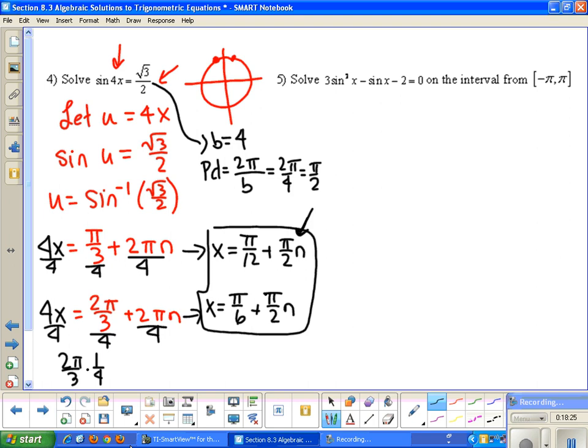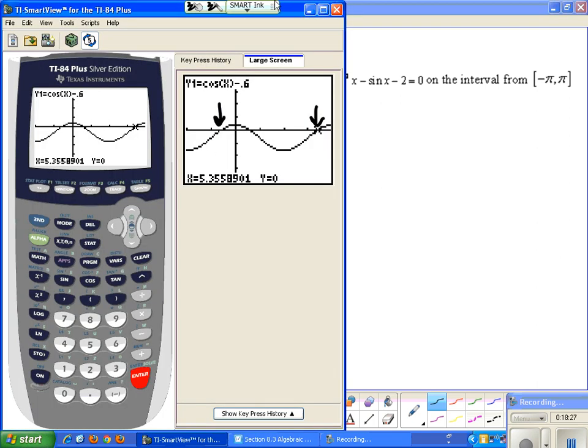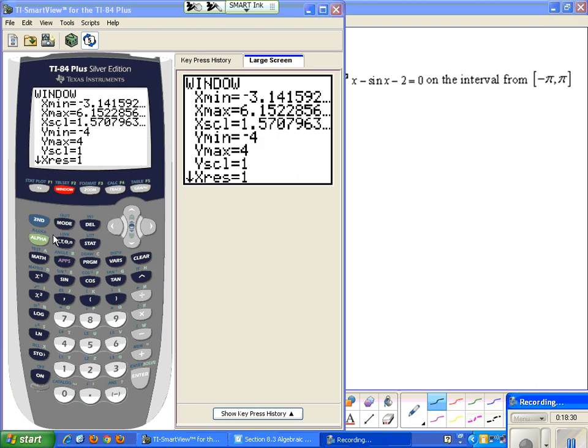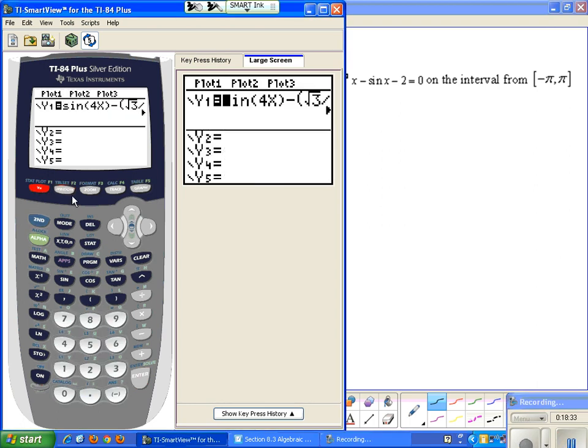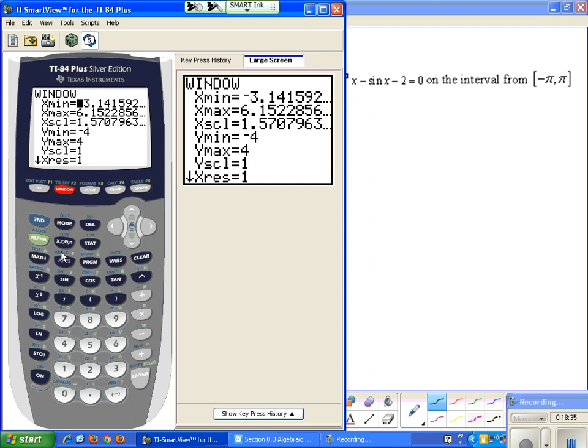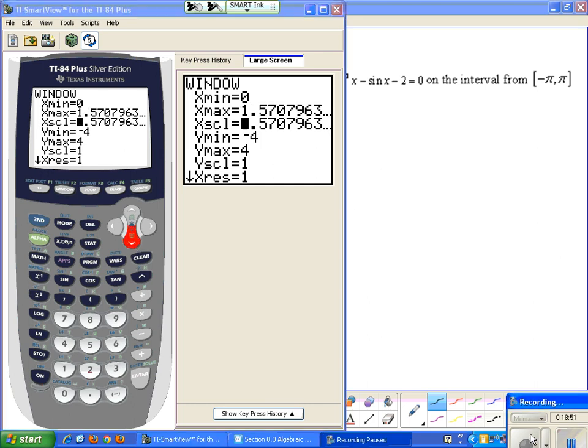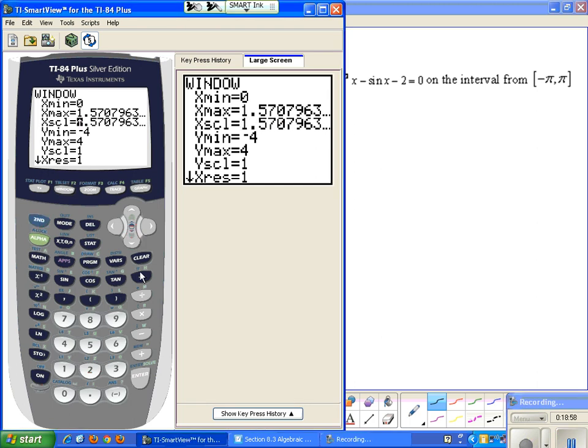And if I even just do what we did in section 8.1 to graphically look at this, so I plugged it into my y equals, and then I'm going to go to my window. And remember, before we graphed it from 0 to the length of our period, which in this case is pi divided by 2. And I know my key points are going to be that divided by 4. So pi over 2 divided by 4 is pi over 8 for my key points.